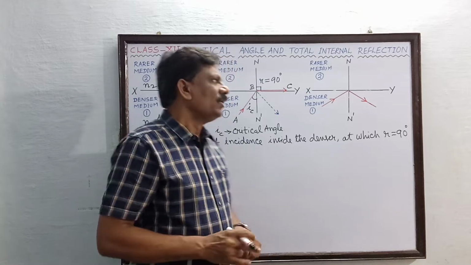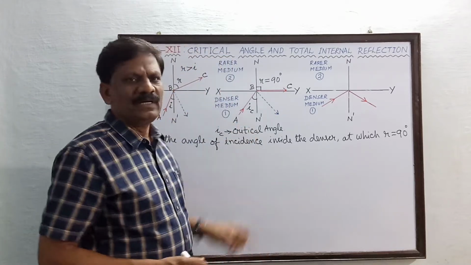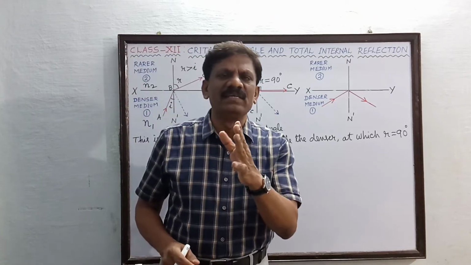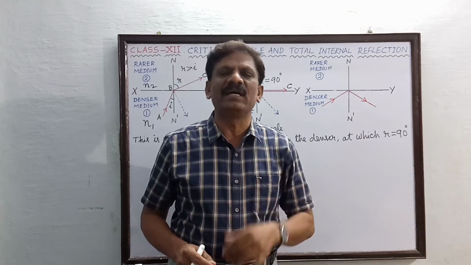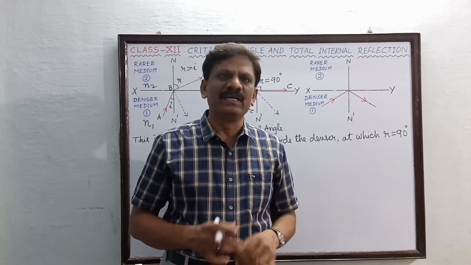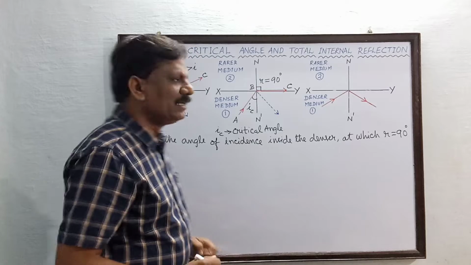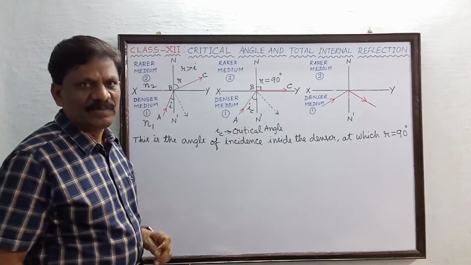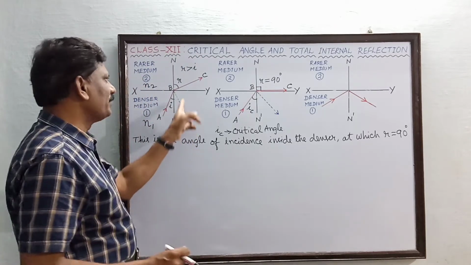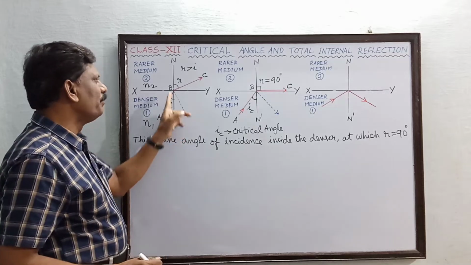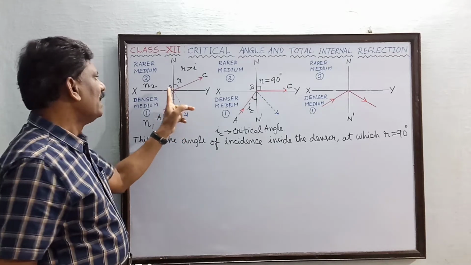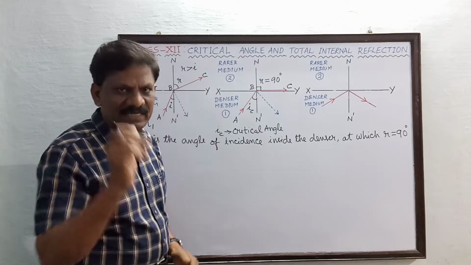Understand? Okay children, now if we increase the angle of incidence further, what is going to happen? Let us see. Before that, once again, let us recapitulate the first picture. I have shown the diagrammatic representation here. AB is the incident ray and BC is the refracted ray.